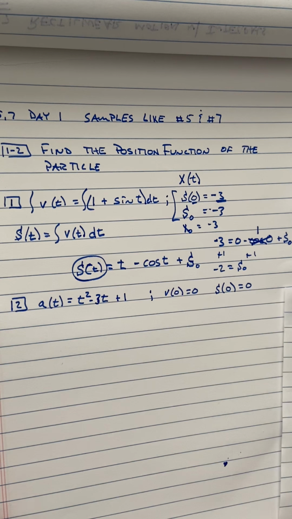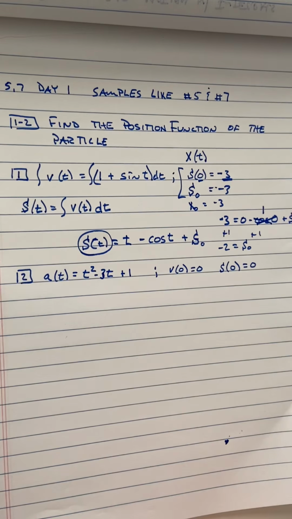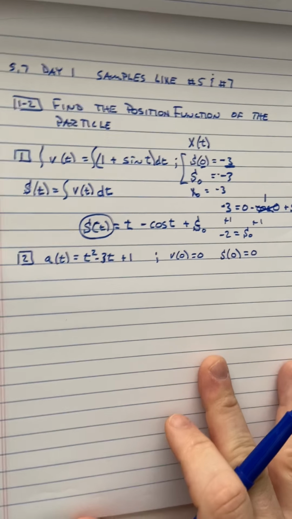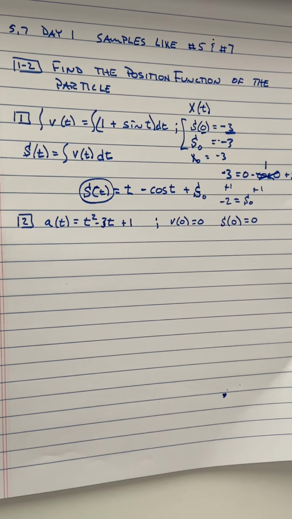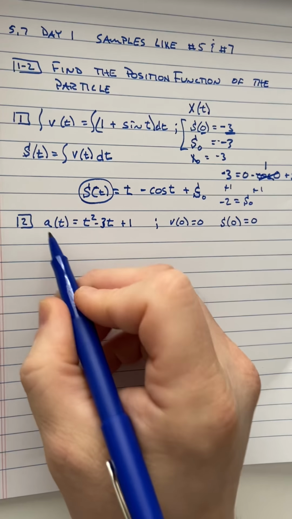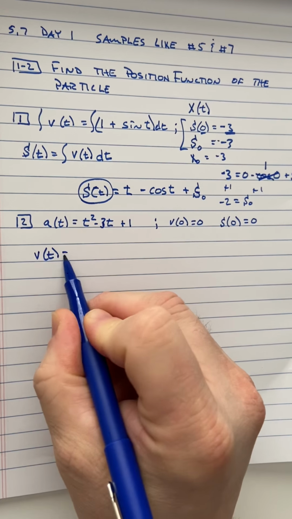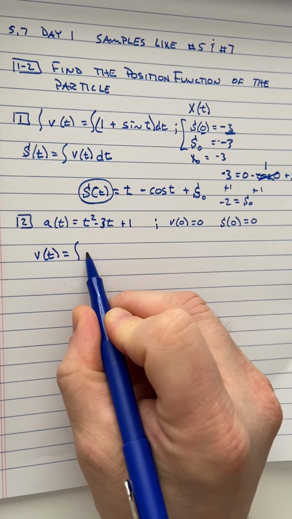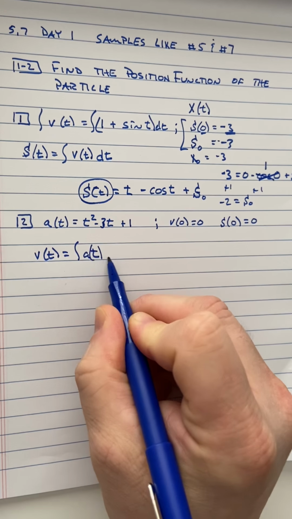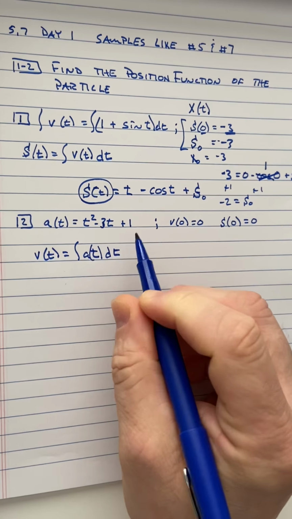Okay, example problem number 2. Find the position function given this acceleration machine. It's the same, except acceleration is 2 antiderivatives away from the position. So first we have to find the velocity machine by taking the antiderivative of the acceleration with respect to time.